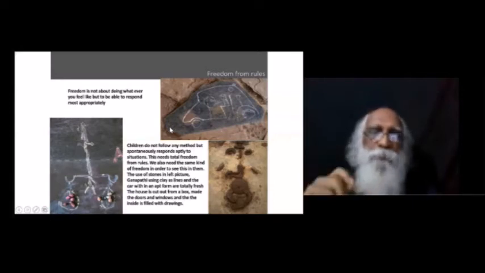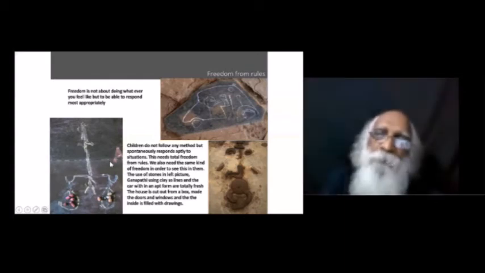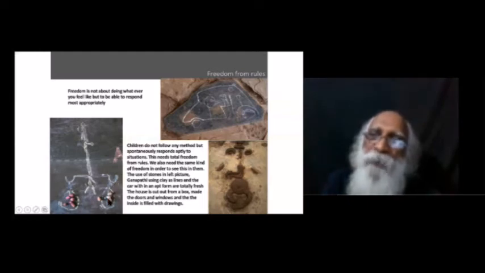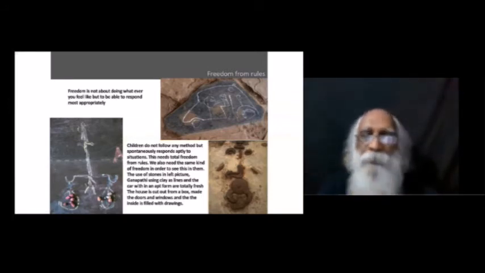So I will show you some very interesting examples of how children break rules. One day I saw this drawing. Look at the form which the child made use of very well. In this case, it's a combination of 3D and 2D. He drew this as a 2-dimension, and then he added weight in a 3D form.